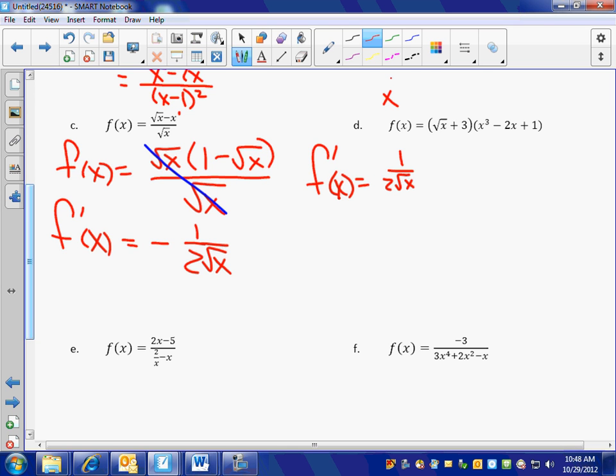Square root of x is x to the 1/2, right? If you take the derivative, you get 1 over 2 times x to the negative 1/2, which is 1 over 2 square roots of x.